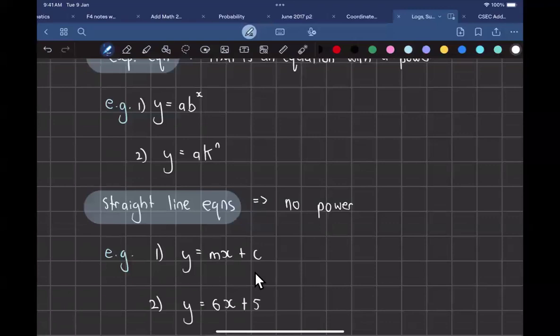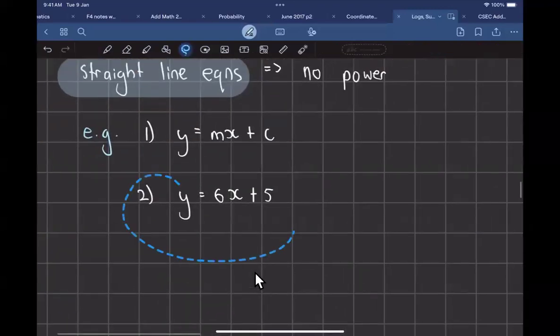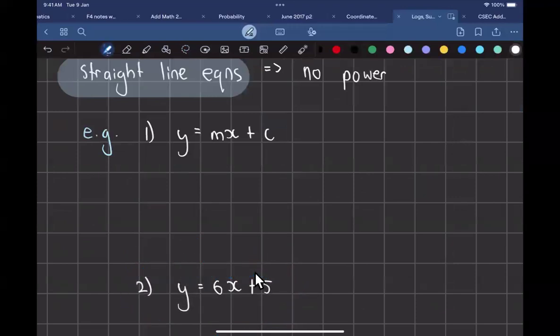Right. And remind me, what does m stand for in the formula? m is the gradient, right? And what's the formula for the gradient? y2 minus y1 over x2 minus x1. And c is a what? That is the y-intercept.